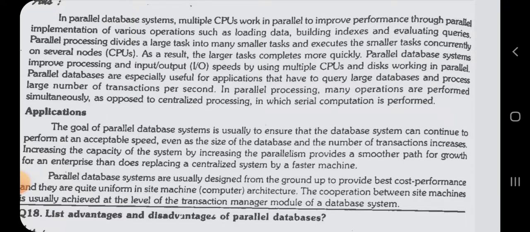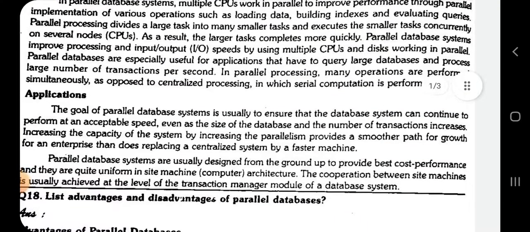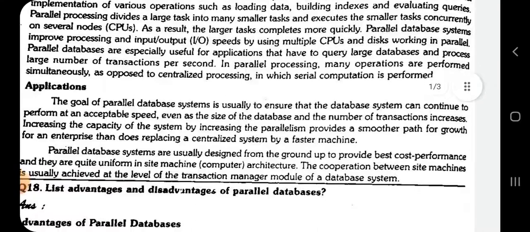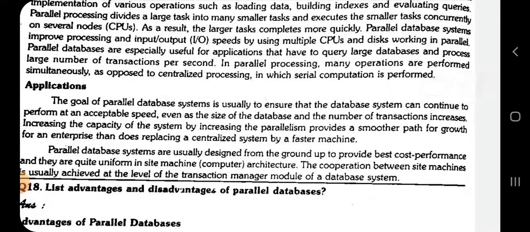In parallel processing, many operations are performed simultaneously, as I already told you, as opposed to centralized processing in which computation is performed serially.